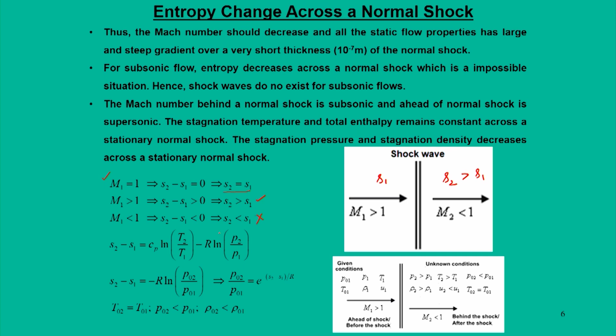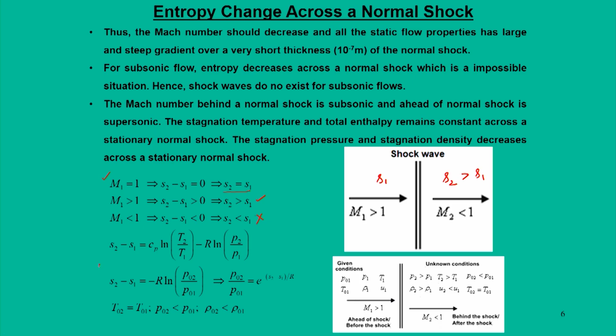because there is no existence of shock waves. In other words, the Mach number behind the normal shock is subsonic, and ahead of the normal shock it is supersonic. Stagnation temperature and total enthalpy remain constant across a normal shock. Stagnation pressure and stagnation density decrease across a normal shock.